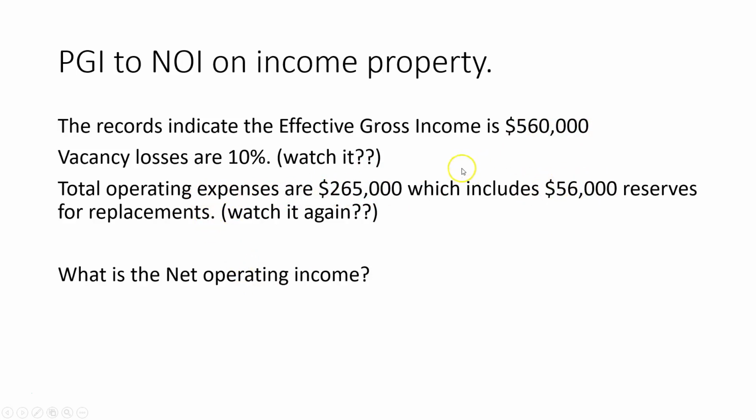So literally all I have to do is take the 265 from the 560, and that is going to give me the net operating income. If you have any problems with this, go to the book, Unit 16, and go through the income approach again and figure out exactly what order the PGI down to NOI is. And that gives us a net operating income of 295,000.